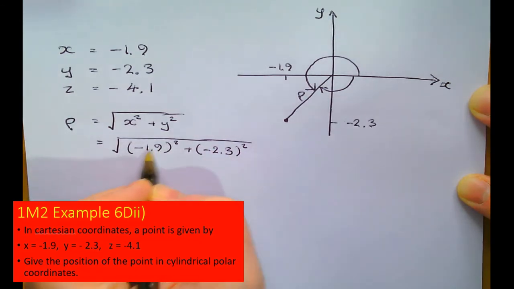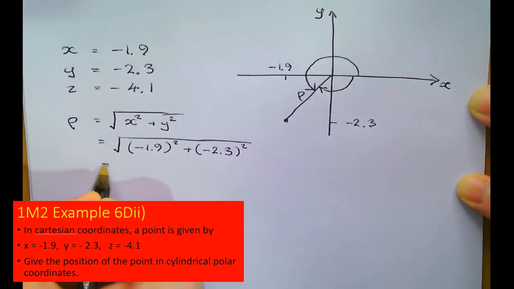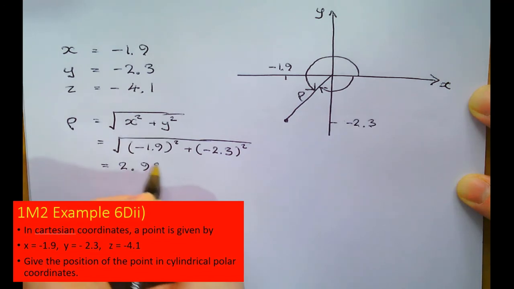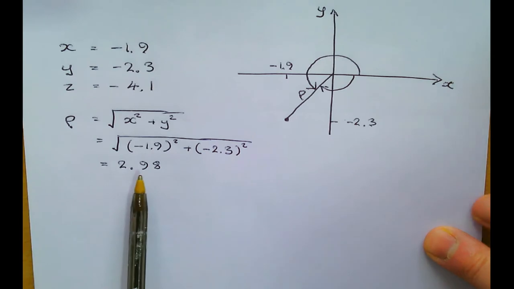Remember, when we square something negative, we get something positive. Square them, add them, take the square root. We get 2.98. Of course, I said between 2.5 and 3, it's significantly closer to 3 at 2.98.